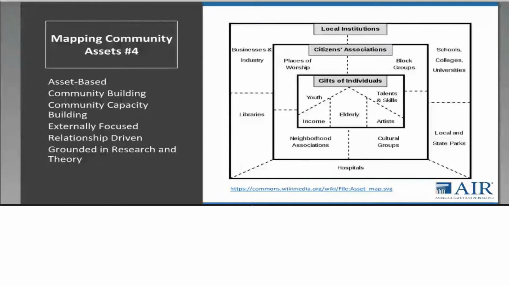And then what most of us are familiar with, because we tend to start from the outside before going narrow, and in reality we should start from the inside out, with the individual, to the association, to institutions. The institutions are what most of us look at when we're doing asset mapping, and that's because these are most familiar to us, the things we can see the easiest: the businesses, the schools, the government agencies, hospitals, and such.